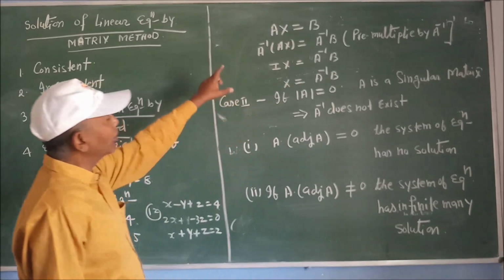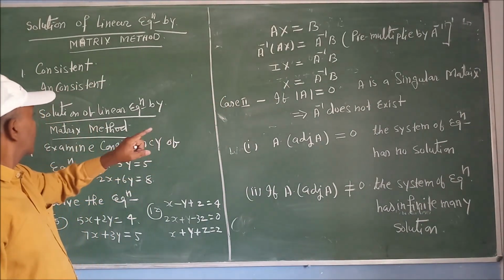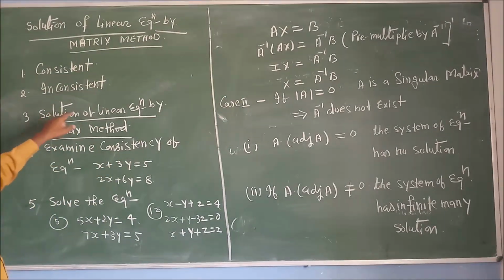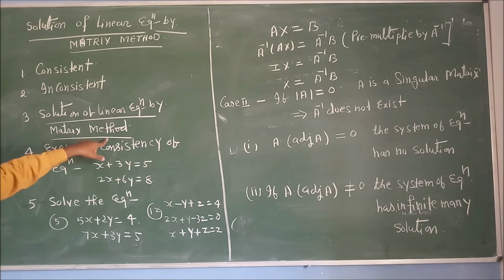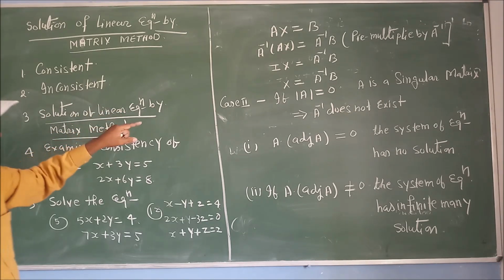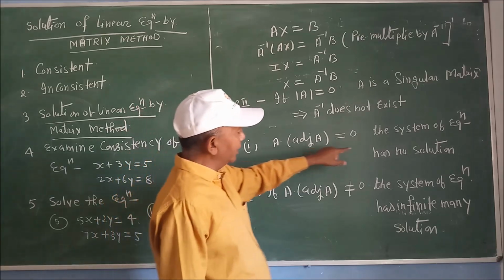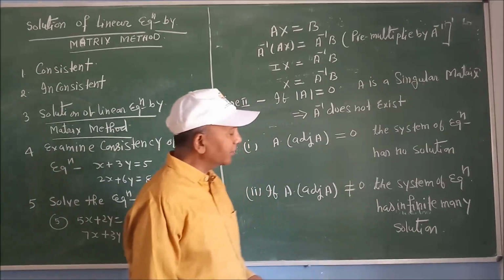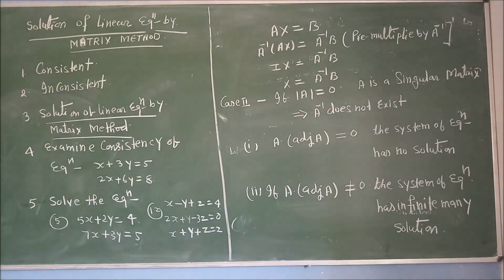So we have seen all these three cases of solving a system of linear equations by the matrix method: when it has a unique solution, when it has no solution, and when it has infinitely many solutions.